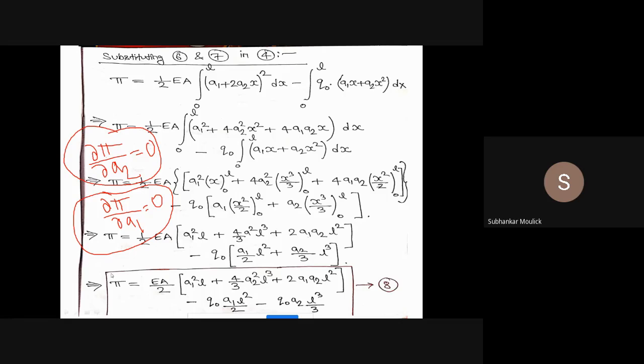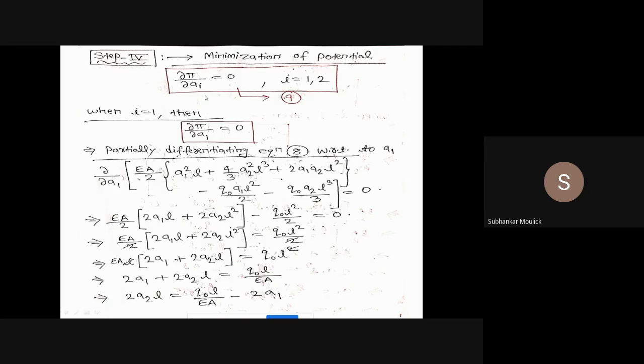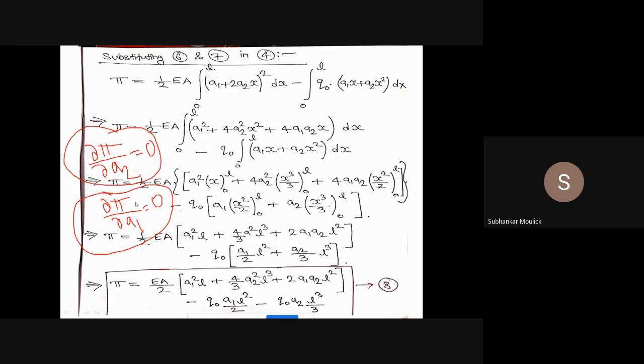If you see, this is my final modified form of the potential function, and in it two unknown coefficients are present, a1 and a2. So first time the value of I will be 1, second time the value of I will be 2. That means del pi by del a1 equal to 0 one time, and second time del pi by del a2 equal to 0.